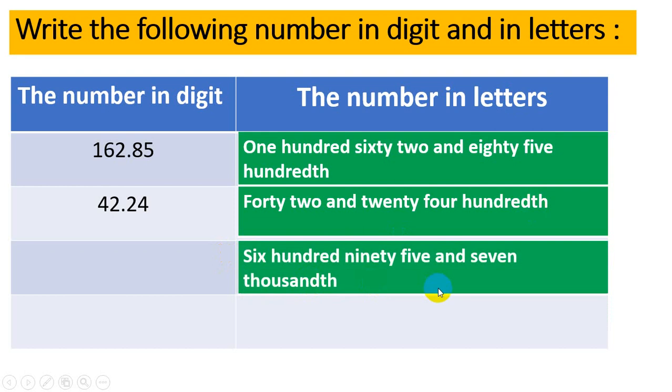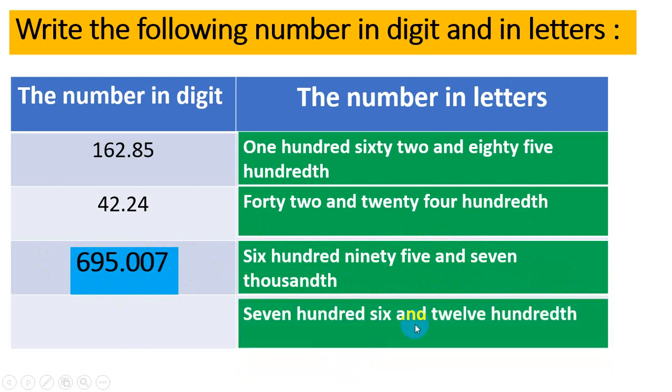Yes, 695 and it means decimal point 7,000. 7 is in the thousandth place, and we don't have hundredth, we don't have tenth. 706 and 1200. We have 12 here, and we stop at the hundredth place.